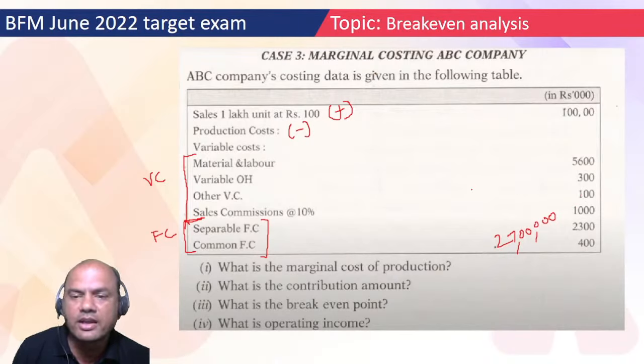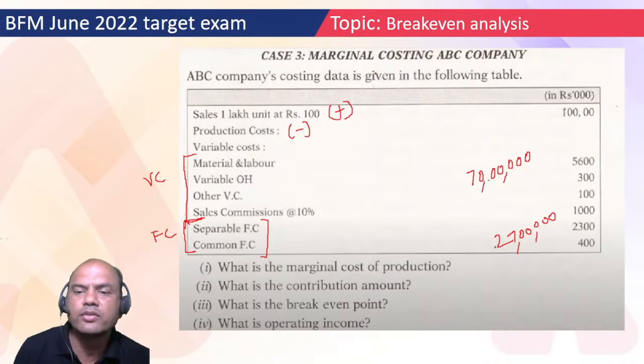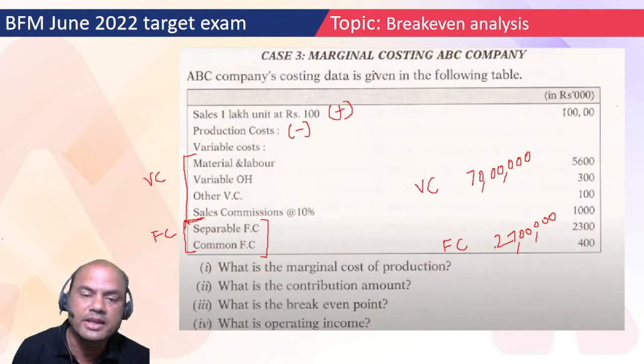So 70, see this 70, and then 2 zeros and then 3 zeros, right? So 70 lakh is my variable cost, VC. Okay, and this is my FC, fixed cost. Okay, now look at the problem. In exam, if you are able to solve this much, it becomes very easy. What is the marginal cost in the production? Number 1. What is the contribution amount? What is the break-even point? And what is the operating income?